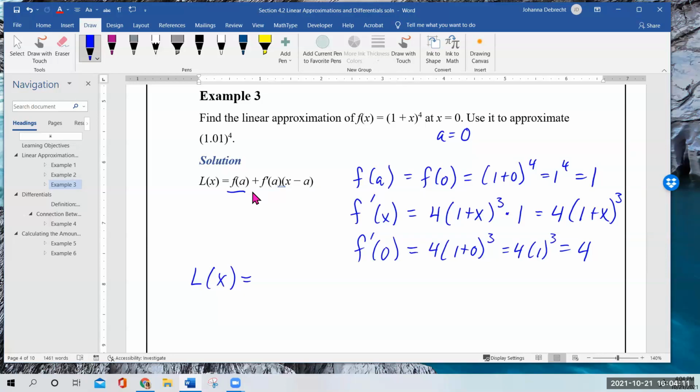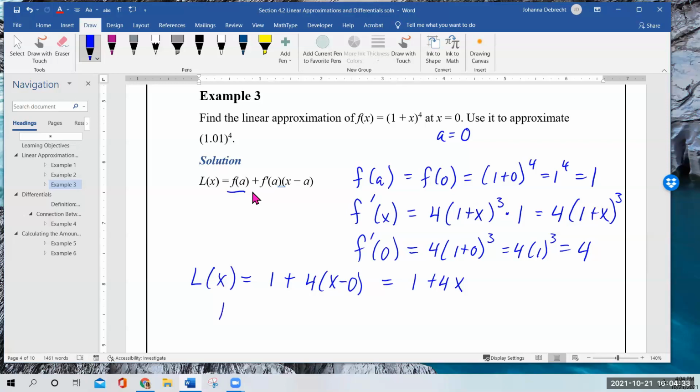This gives me f of a is 1 plus the derivative at that point, which is 4 times x minus 0. I can simplify this equation and write it as 1 plus 4x. You may, on the other hand, want to leave it in the other form if you prefer.